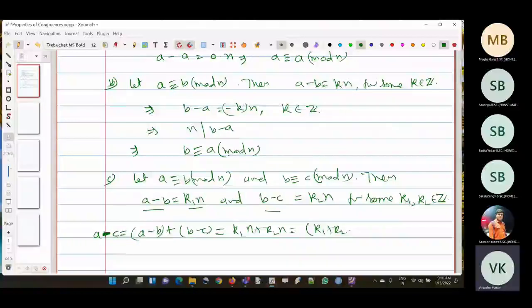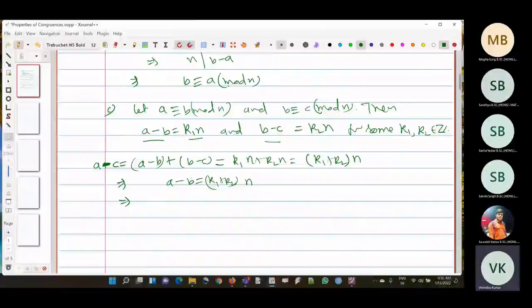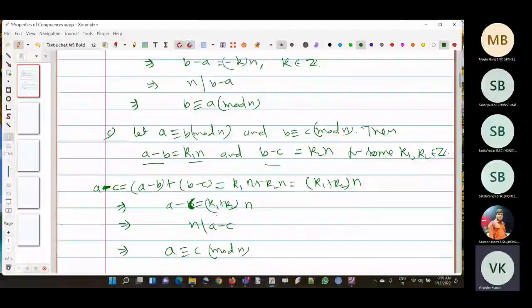So k1 plus k2, being integers, their sum is also going to be an integer, and so k1 plus k2 times n. This implies that A minus C equals k1 plus k2 times n. Sorry, this should be C, okay, not B. And because k1 plus k2 is again an integer, it means that n divides A minus C, and therefore A is congruent to C modulo n. So the C part we have established.